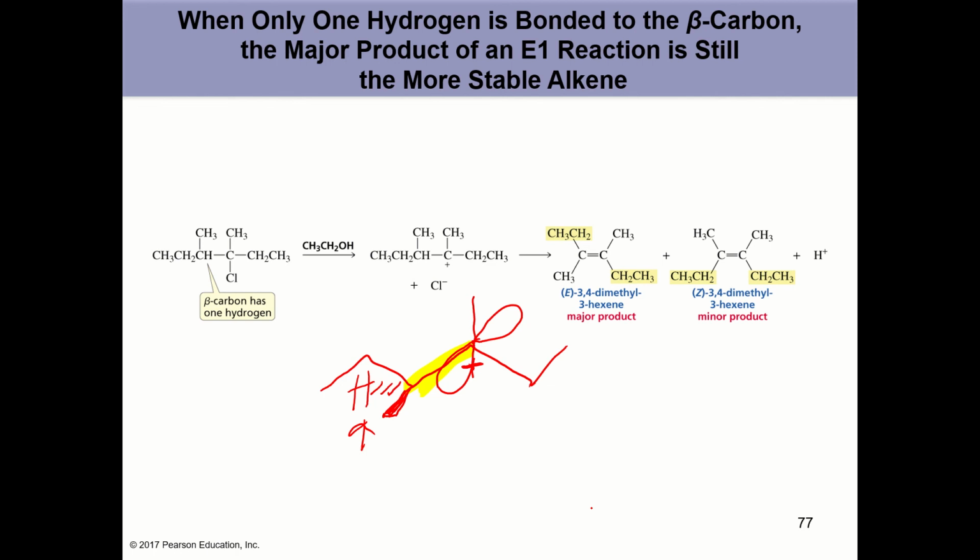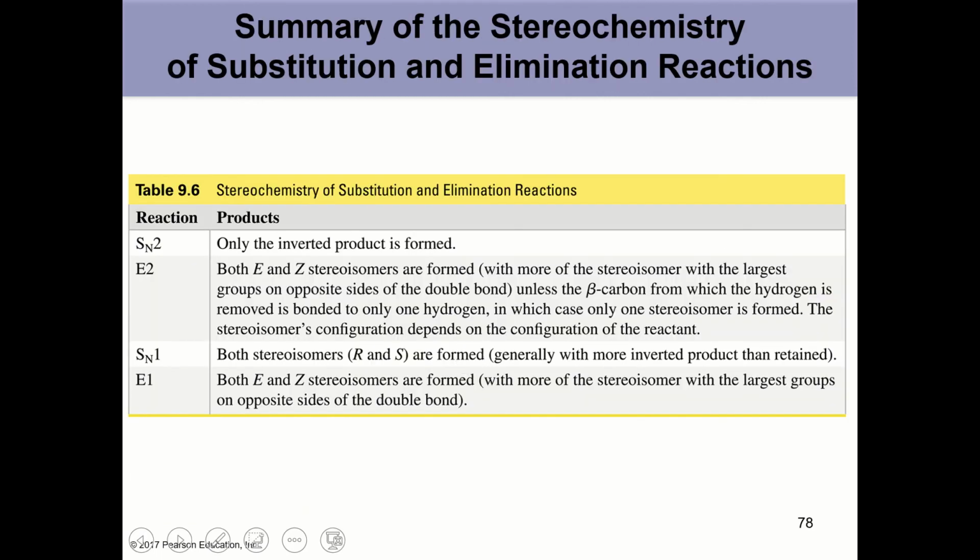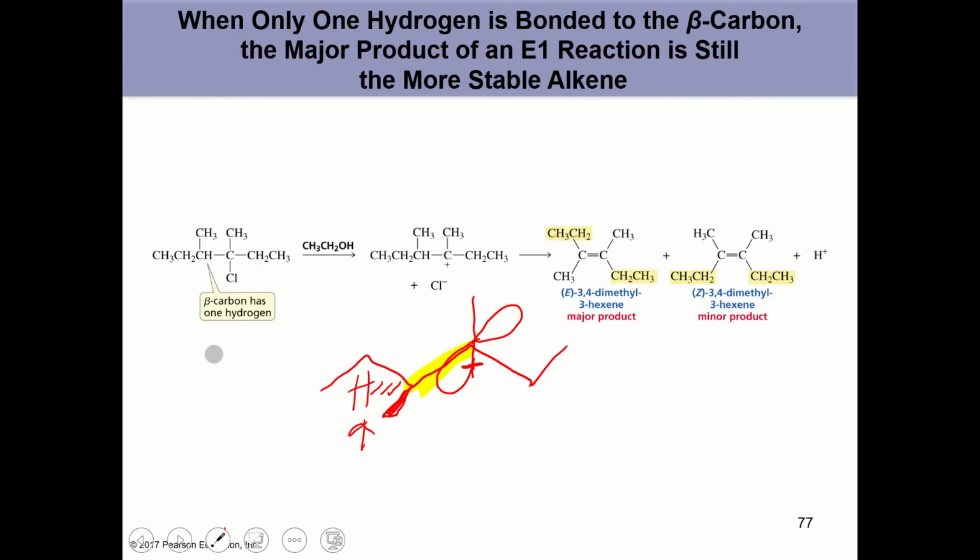So in that case, at the positively charged carbon, we have this empty p orbital and a methyl group, and they are adjacent, and so we have this methyl and this ethyl group.